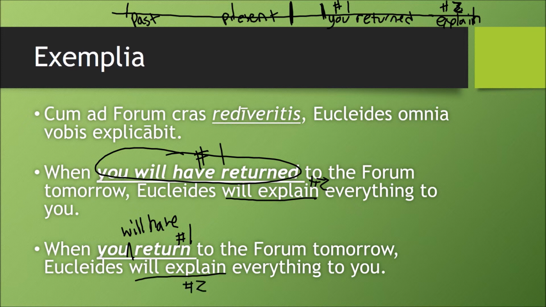I highly recommend that you keep to the traditional and literal translation of the future perfect until you get more used to identifying which action needs to happen first in a complex sentence that has two main ideas.